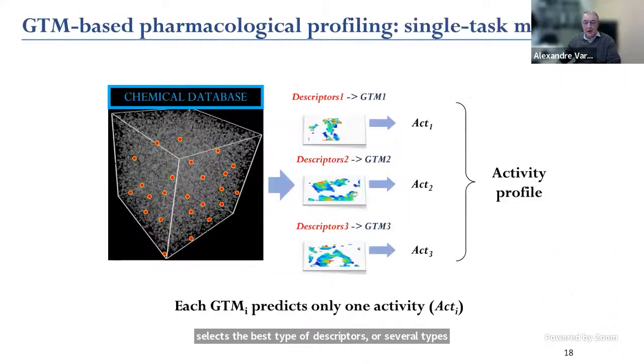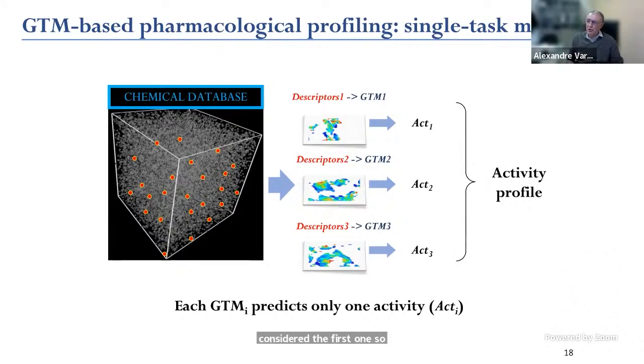Okay. Now, since GTMs could be used for prediction, we can try to use them to profile chemical compounds with respect to different biological activities. And in this case, two scenarios could be considered. The first one suggests preparation of a series of single task models. It means that for each activity, we look for the best type of descriptors, and this type of descriptors is used to build a GTM.